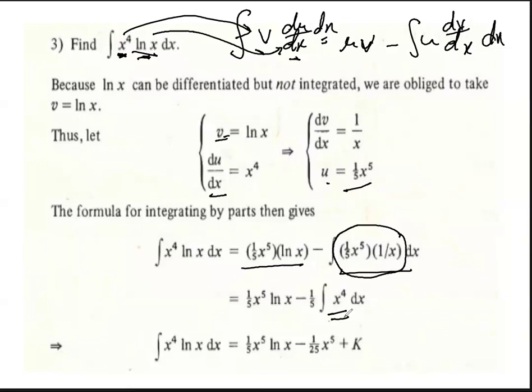And that's easy to integrate. It's like you bring this 1/5 in front here, but x to the 5 multiplied by 1 over x is really x to the 4, which is easy to integrate. So this integral is equal to this minus the integral of that, which is that. And I'm not going to go any further with integration by parts.